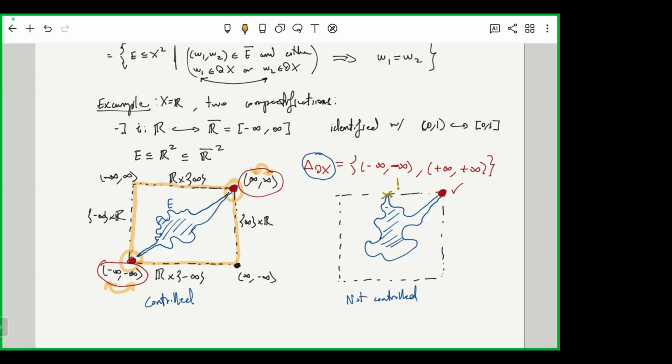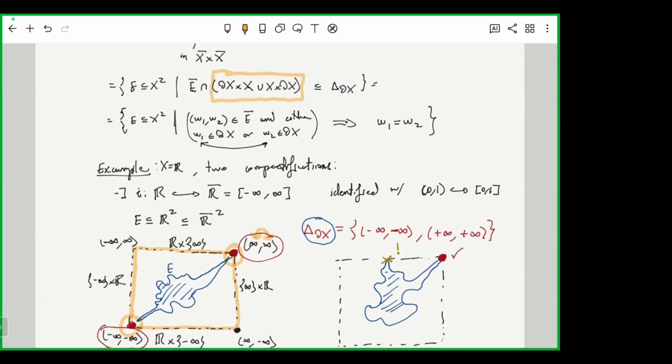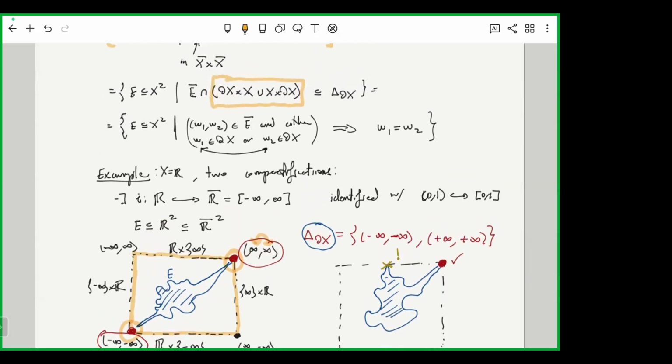Exactly. The limit points, getting closer and closer to the corona, have to be in the diagonal. So this actually gives us an unbounded set which is controlled.